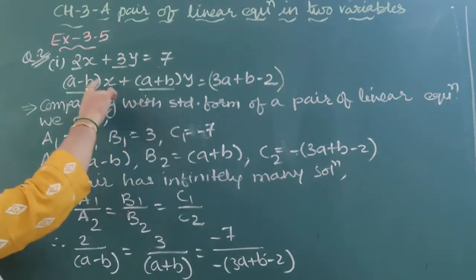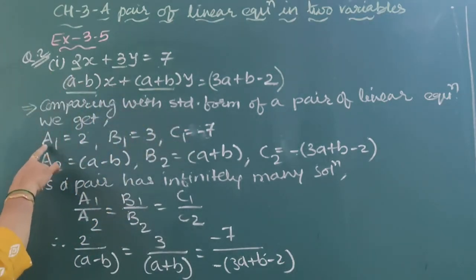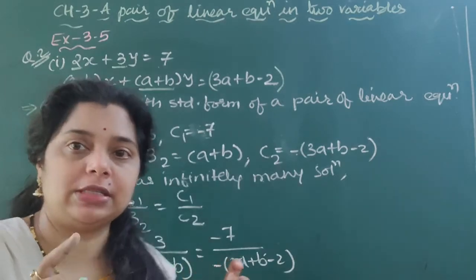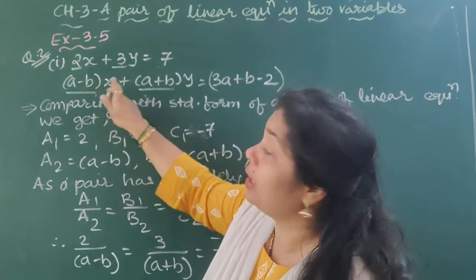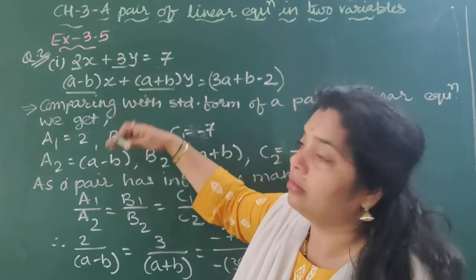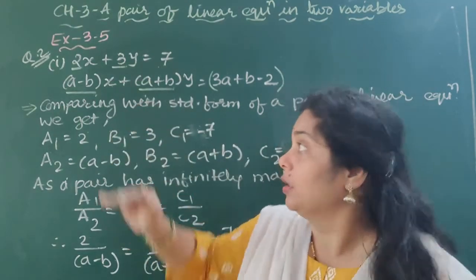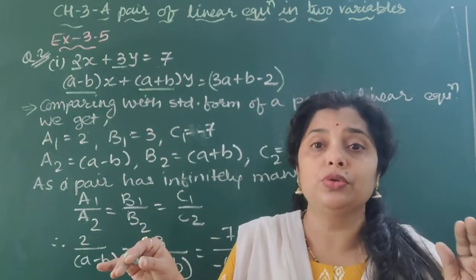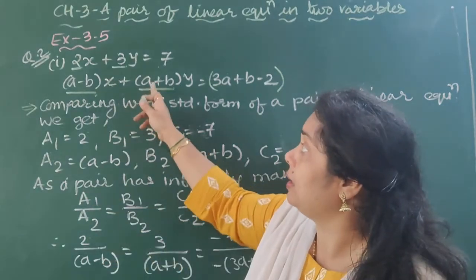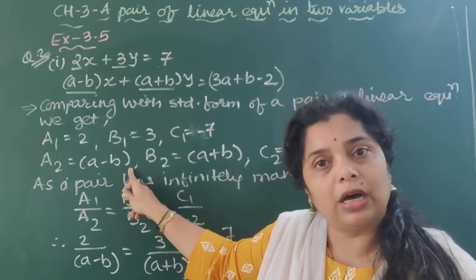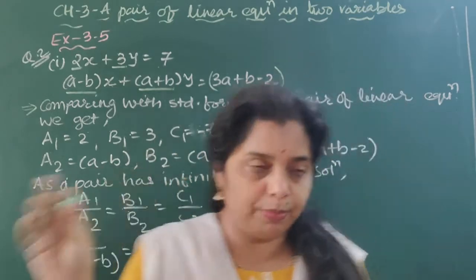Okay. Now, after comparing with the standard form of a linear equation, we get a2. See, I used capital letters A1, B1, C1 here. Why? Because small letters are already given here. If we use a small letter here, there may be confusion between this a or this a, and that's why I advise you, whenever small letters a and b are given, it is better to use another alphabet or capital A and B, right?